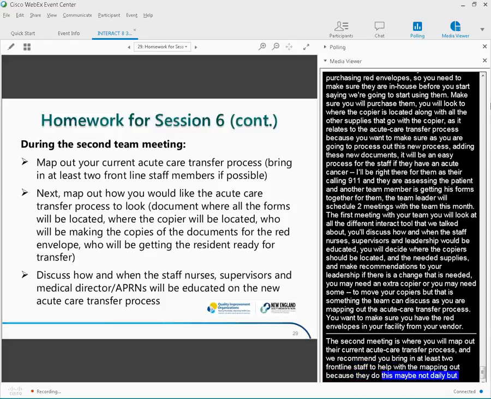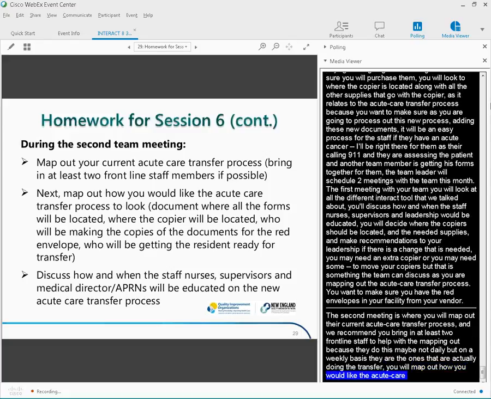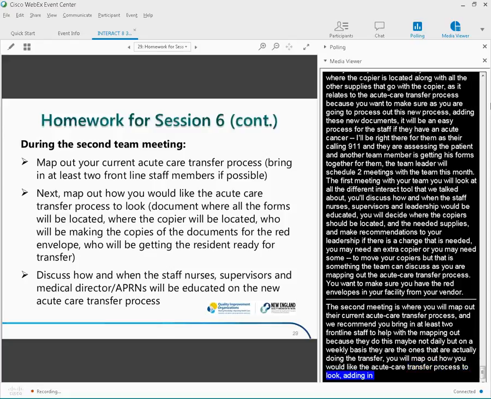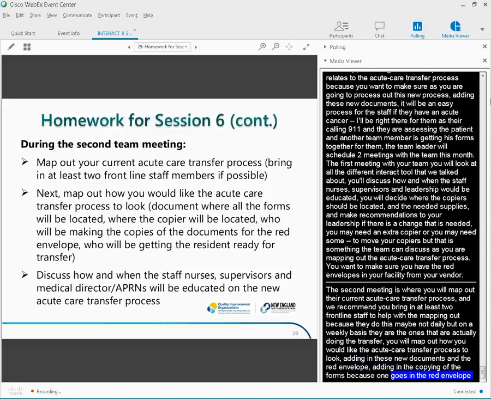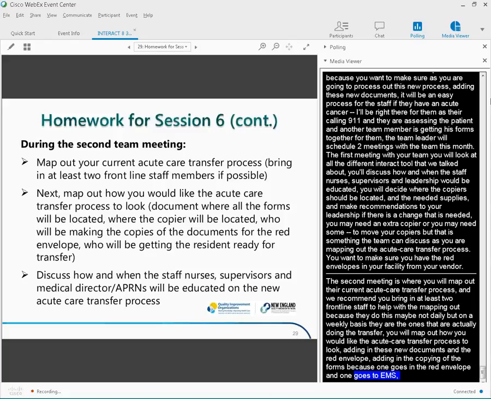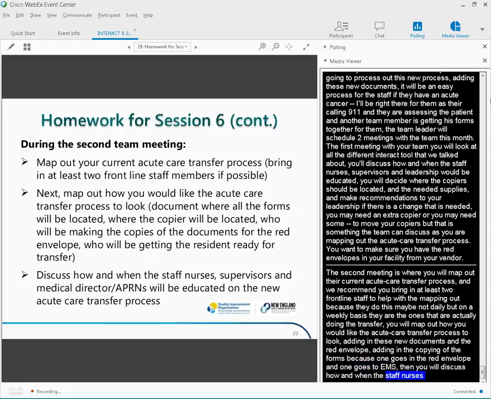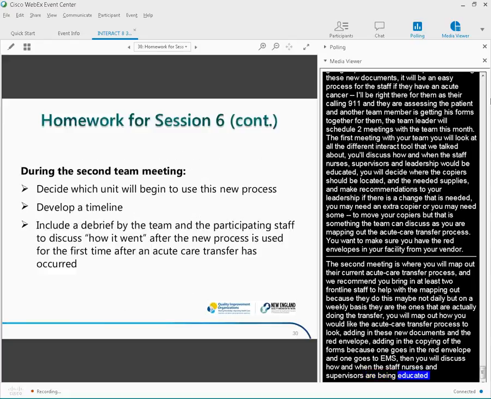Then you're going to map out how you would like the acute care transfer process to look, adding in these new documents, the red envelope, and the copying of the forms, because again, one goes in the red envelope and one goes to EMS. Then you're going to discuss how and when the staff and nursing supervisors are being educated, and whether it's working and being done.